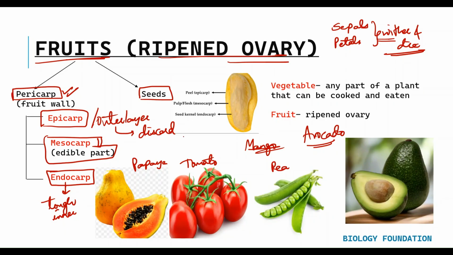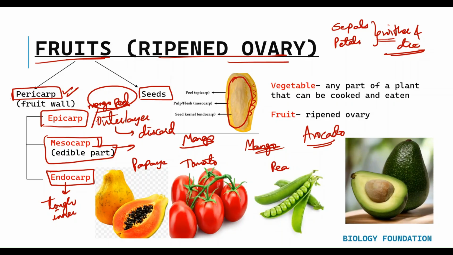The best example is mango. In mango, the pericarp is divided into three layers. The outer layer, which you call the mango peel, is the epicarp, which we basically discard. The mesocarp is the juicy, fleshy part which we eat, and the toughened endocarp is the layer around the seed.